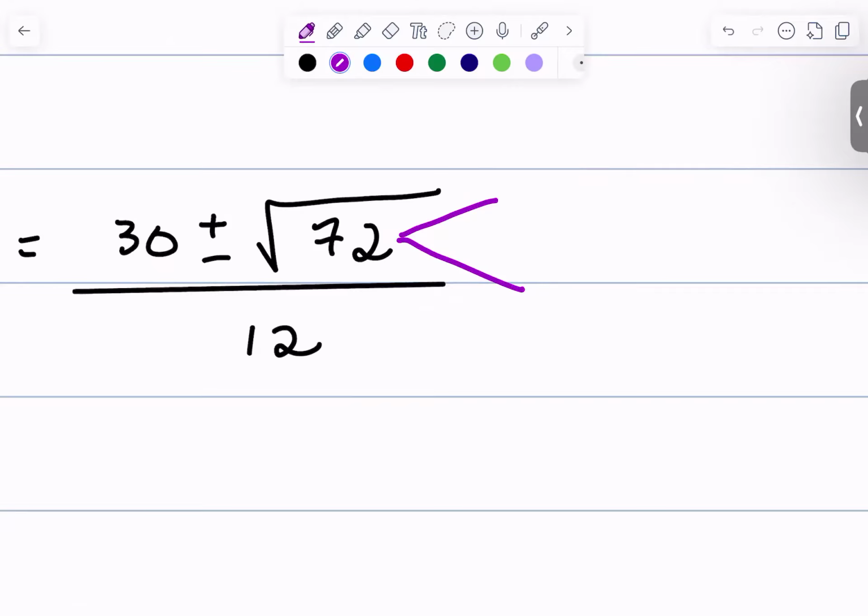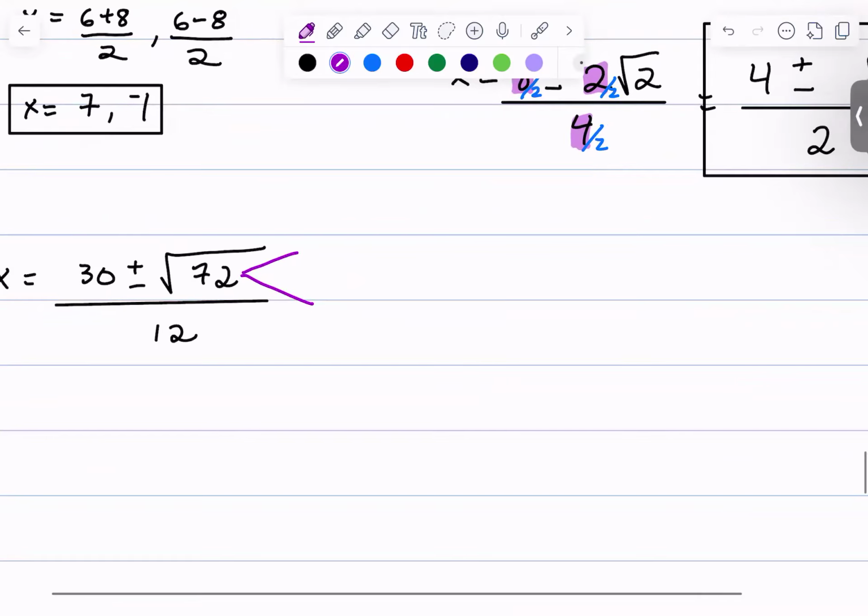Remember thinking our perfect squares. 1, 4, 9, 16, 25, 36, 49, 64. 9 and 8, right? So I got two separate answers.